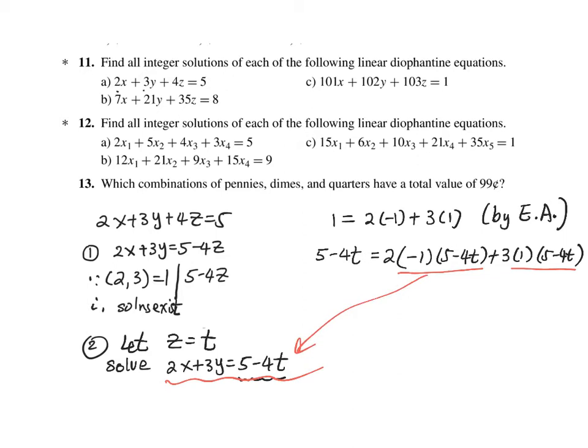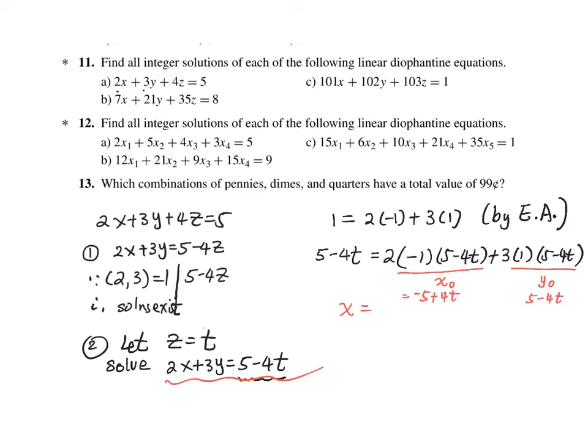So therefore, I'm going to erase that. Let me write my solution. Think of this as your x0 and this as your y0. We should simplify this: x0 is the same as negative 5 plus 4t, and y0 is 5 minus 4t.